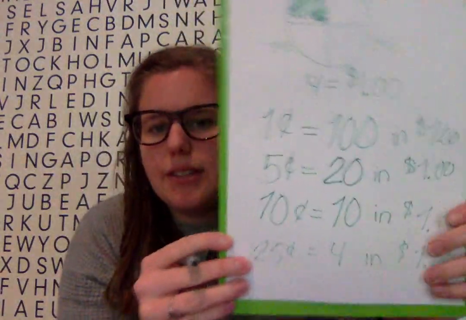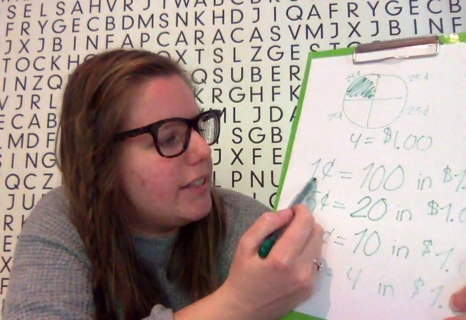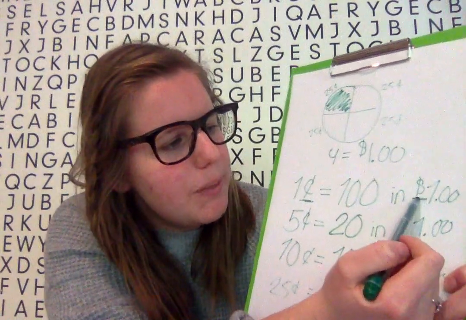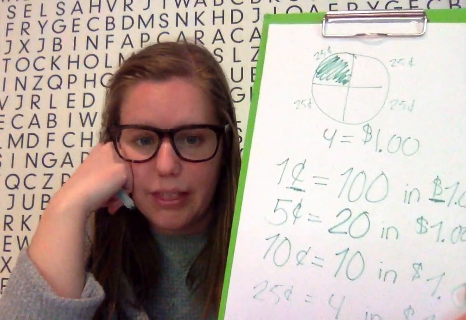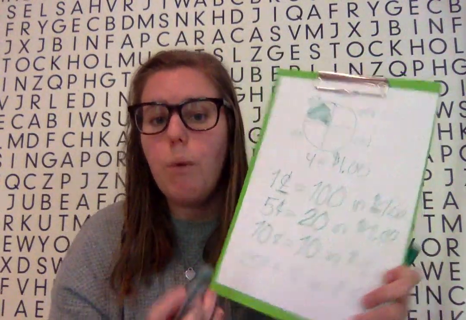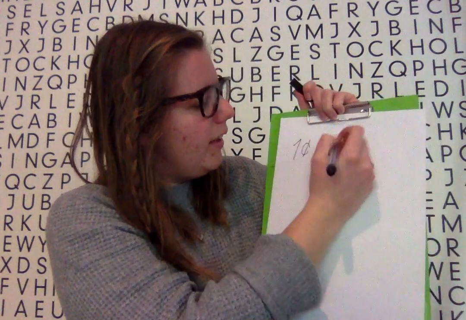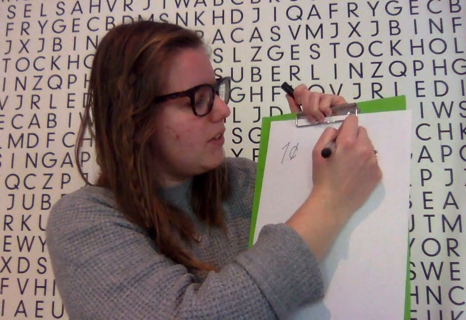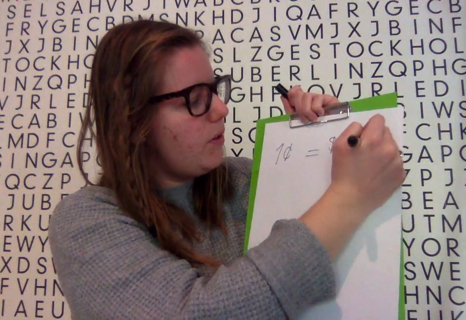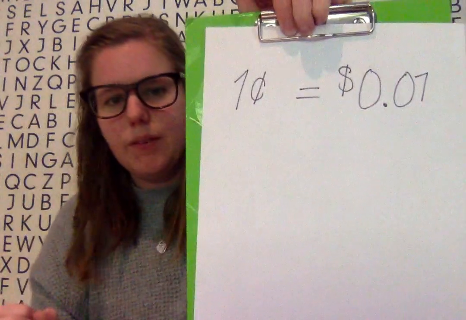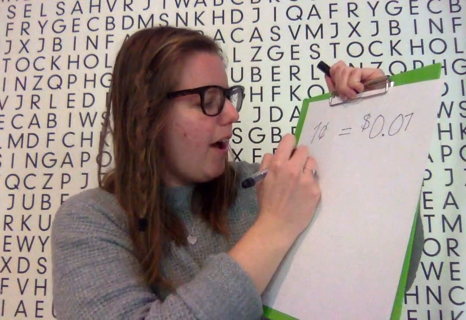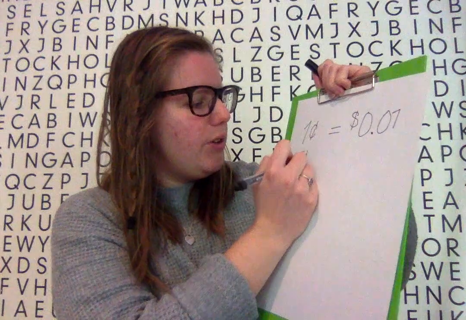So you might notice I have something that looks like a C with a line through it and something that looks like an S with a line through it. So we can write 1 cent in 2 different ways. So if I want to say 1 cent, I can write 1 with the little c, or I can write $0.01. So if I want to write 5 cents, how do you think I can write it?